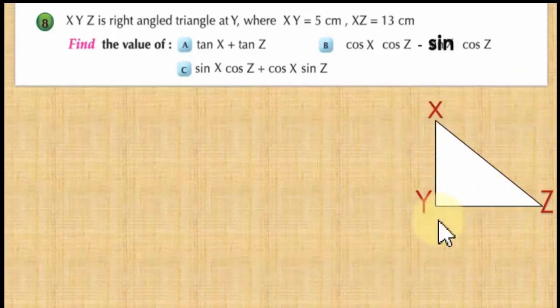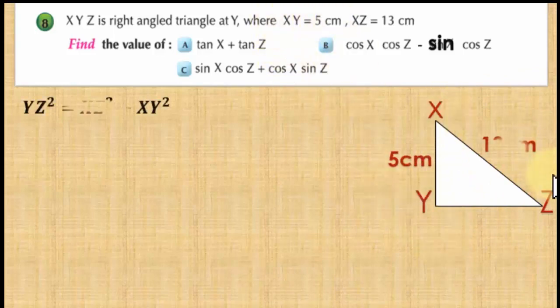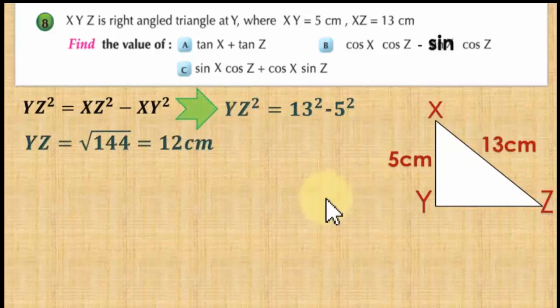Firstly, draw XYZ right-angled triangle at Y. Then you have XY equals 5 cm, XZ equals 13 cm. So we must calculate YZ at first. YZ power 2 equals hypotenuse power 2 minus the side length power 2. 13 power 2 minus 5 power 2, which is 169 minus 25, which is 144.